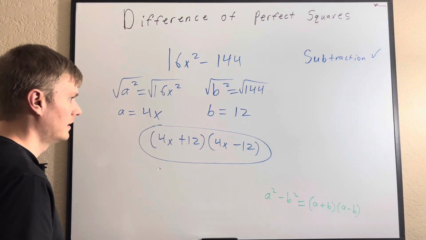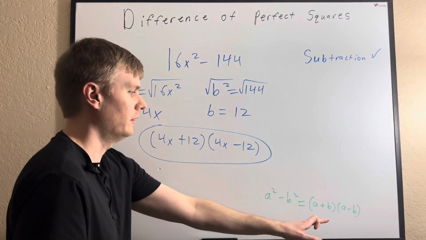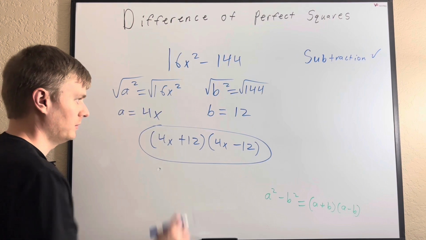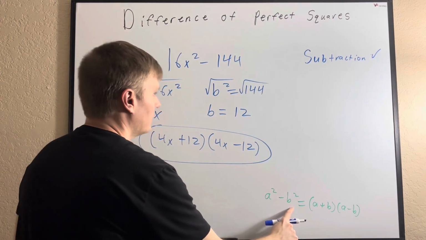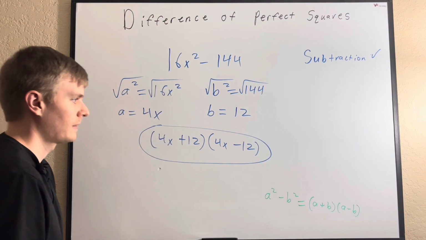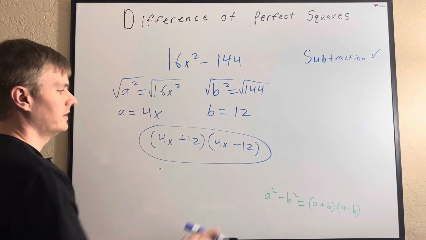Well, that was fast. Why does that work? Well, when we check our answer, we're going to find out why. Because when you FOIL this out, you're going to end up with a squared minus b squared. So just in checking our answer, we're going to verify this.